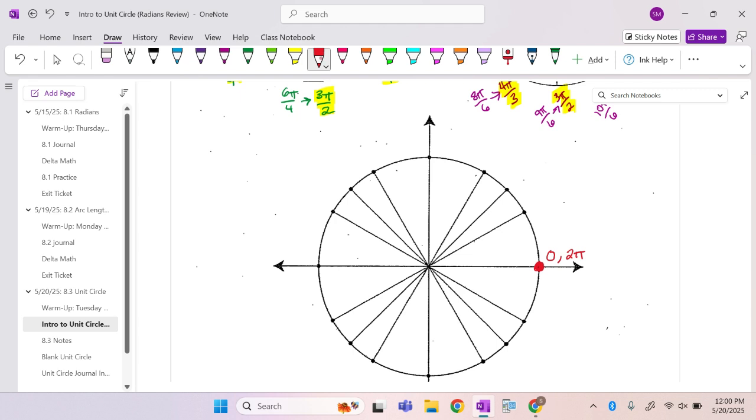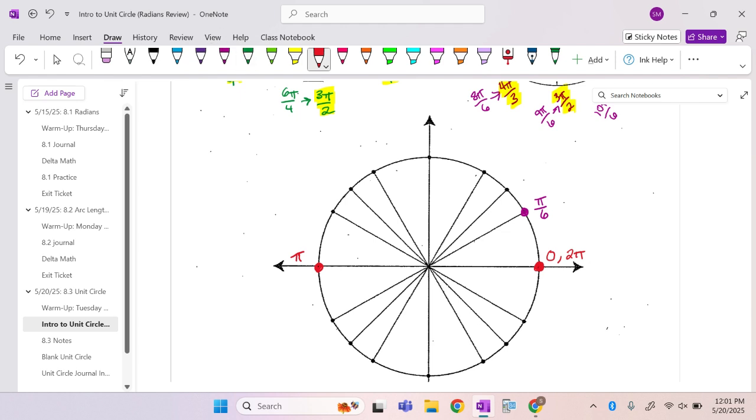A sixth. So if I go 1/6 away, what do I get? It's pi over 6. All right, because remember, right here is pi. So whenever you label a unit circle, always start with 0, 2 pi, and pi. Those are like the easiest ones to remember.